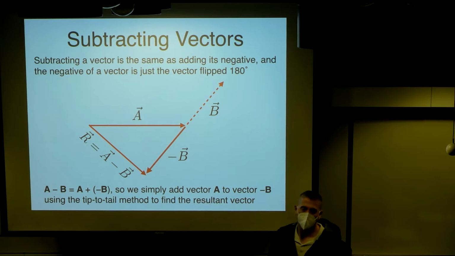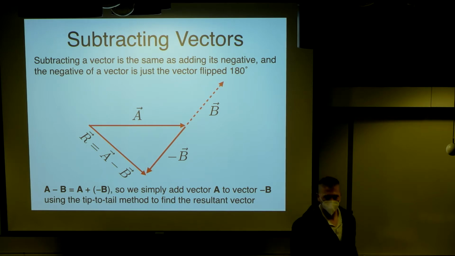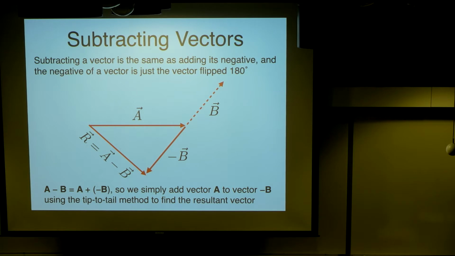Okay, so you can handle vector addition using the tip to tail method, and you can handle vector subtraction as well. Okay, because you just flip a vector around if you're trying to subtract it. Make sense? Okay. And of course, this comes from the idea of multiplying by a negative scalar.